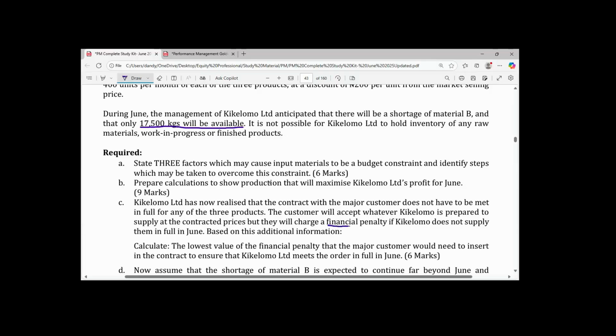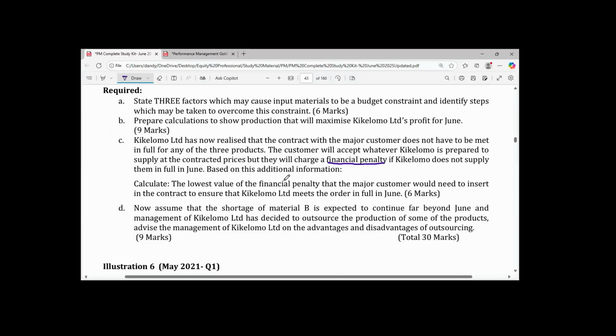Based on this additional information, calculate the lowest value of the financial penalty that the major customer will need to insert in the contract to ensure that Kikelomo Limited meets the order in full in June.